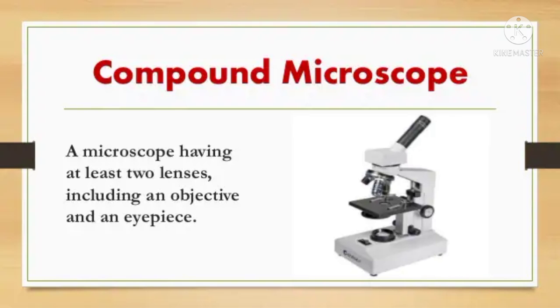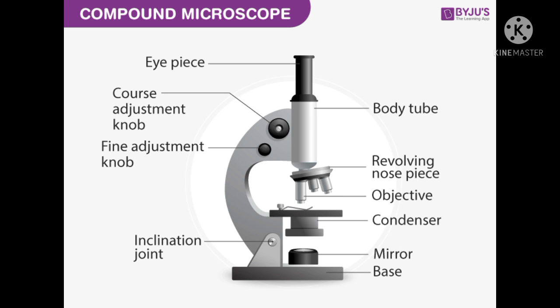The next type which we are going to discuss is the compound microscope. The compound microscope is also used to see tiny objects, but it has better magnification power than the simple microscope.